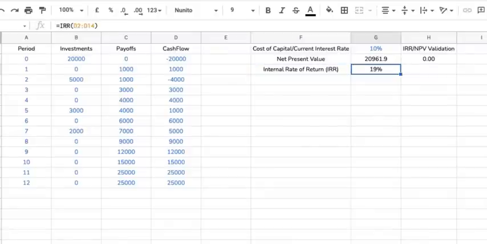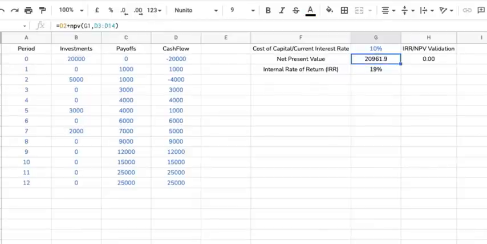IRR is that interest rate. If you supply this interest rate as your cost of capital in the NPV calculation, this will change the NPV to 0, because just understand, NPV is dependent upon your cost of capital. So if I change the cost of capital, my NPV will change.